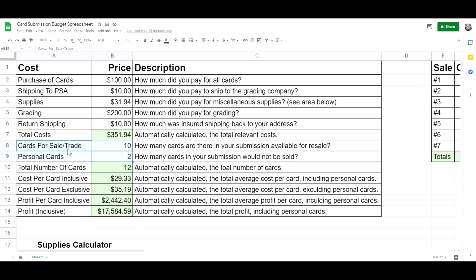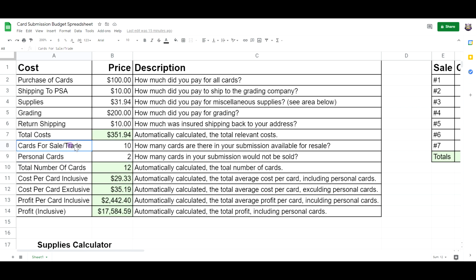So you have cards for sale or trade, and then you have personal cards. What I mean for cards for sale or trade is, these are the cards in your submission that you are either intending on holding for investment purposes, selling in the open market, trading to get stuff that you want. Basically, you're not going to hold these cards for your own personal reasons. And the idea is that you're doing this either with the intention of making a profit or obtaining something that you do actually want.